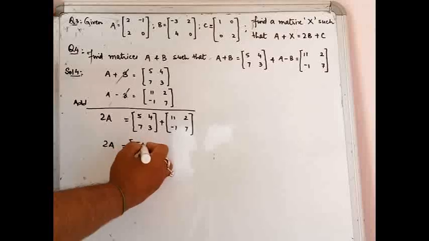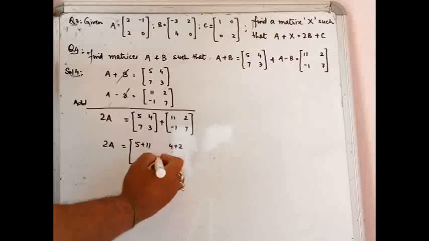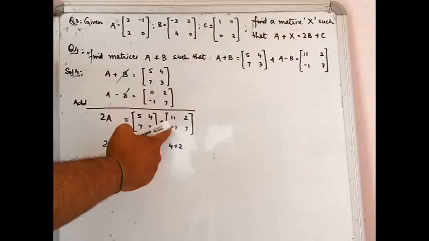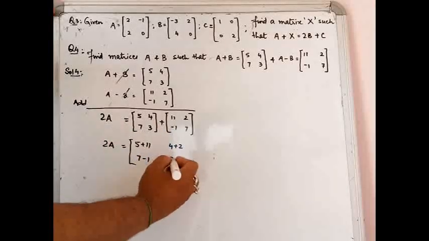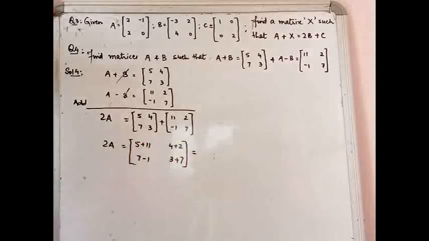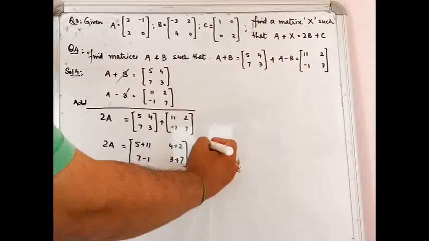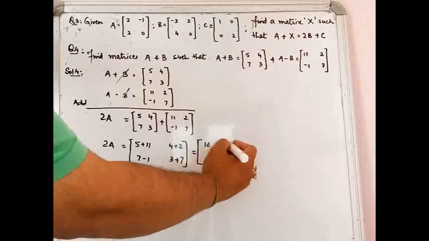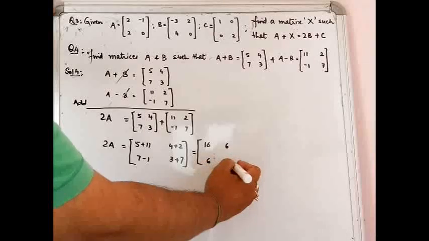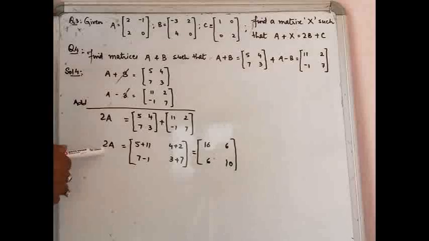We will add 5 plus 11, then 4 plus 2, then 7 minus 1, because this number is a negative number, then we have 3 plus 7. 5 plus 11 will give you 16, 4 plus 2 will give you 6, 7 minus 1 is also 6, and 7 plus 3 will give you a 10. So that is what you have got as 2A.